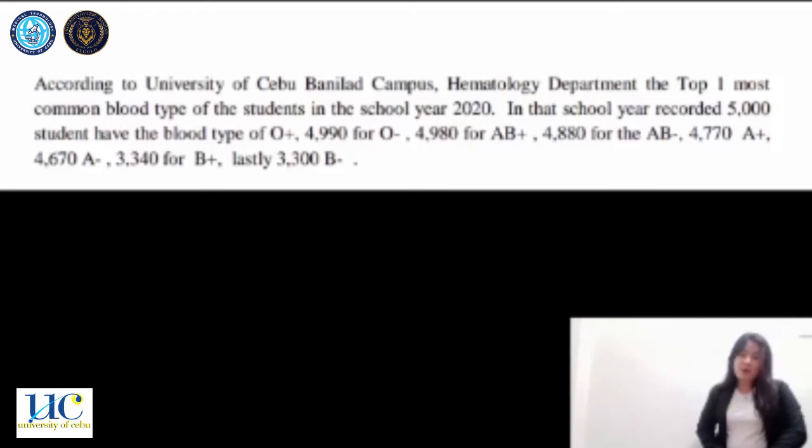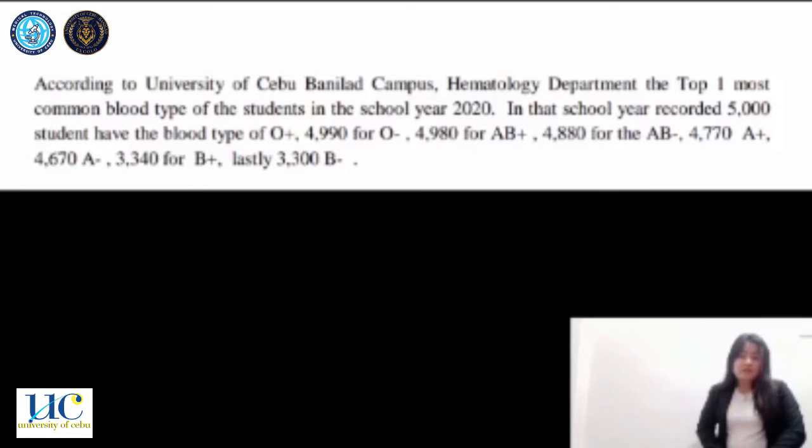Next is the O negative, which is a total number of 4,990 students. Next is the AB positive, which is a total number of 4,980. Next to it is the AB negative, which is a total number of 4,880. Next is the A positive, which is a total number of 4,770.